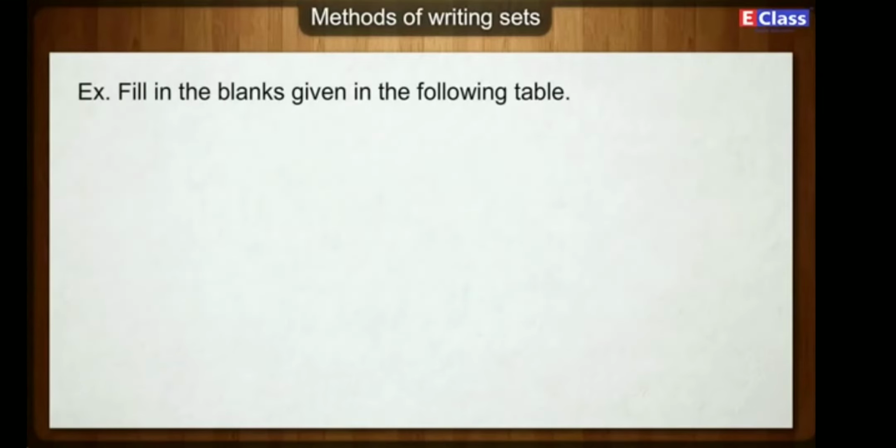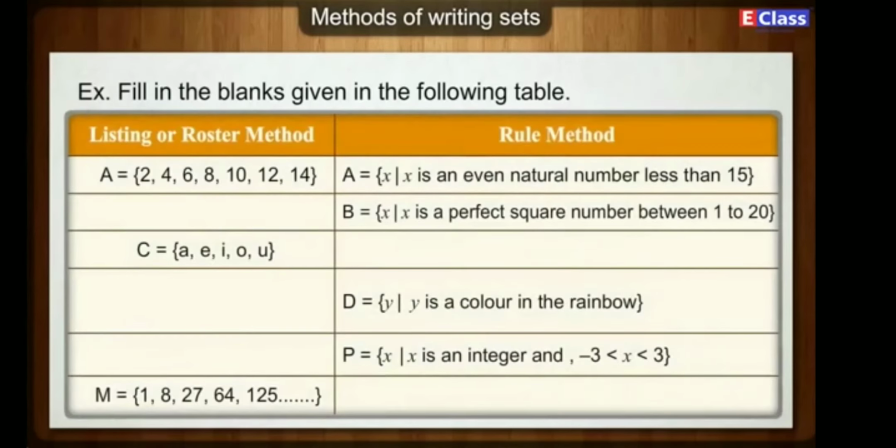Example: fill in the blanks given in the following table. Listing or roster method. A = {2, 4, 6, 8, 10, 12, 14}. Rule method. A is a set of x such that x is an even natural number less than 15. Listing or roster method.